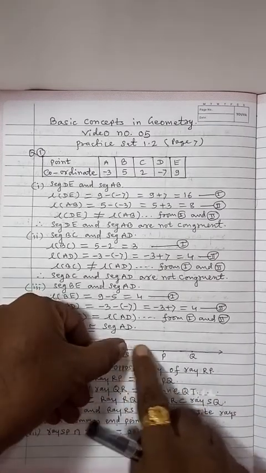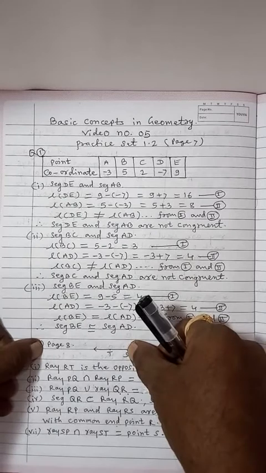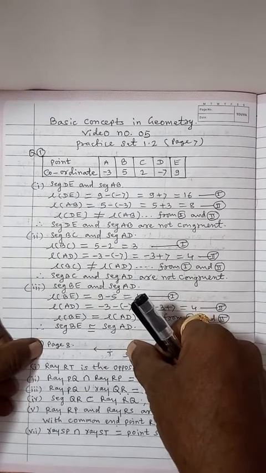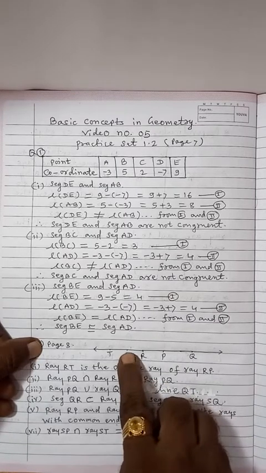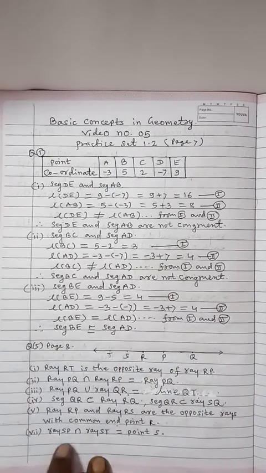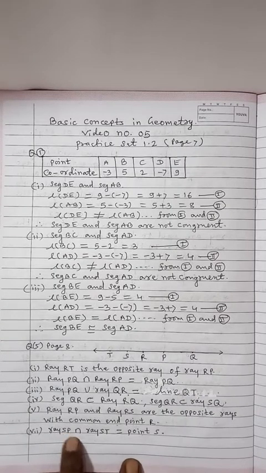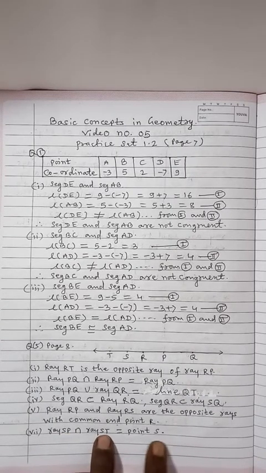Their intersection means the set of common points. So S is the only common point. So ray SP intersection ray ST is equal to point S.